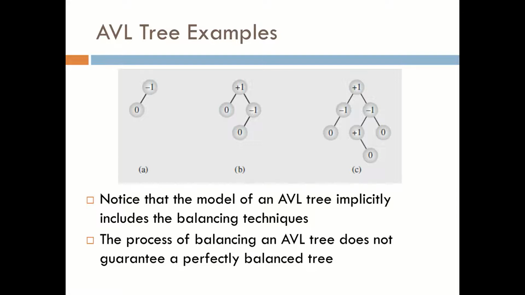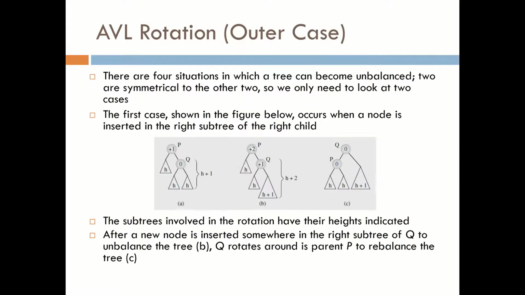The point that we're trying to make here is that this does not give us a perfectly balanced tree, because we have the ability to have a delta of no more than 1. That means we could have a delta of 1 between the height of the left subtree and the height of the right subtree. It is not going to yield a perfectly balanced tree, but it will keep us from being so degenerate that we're basically an order n data structure.